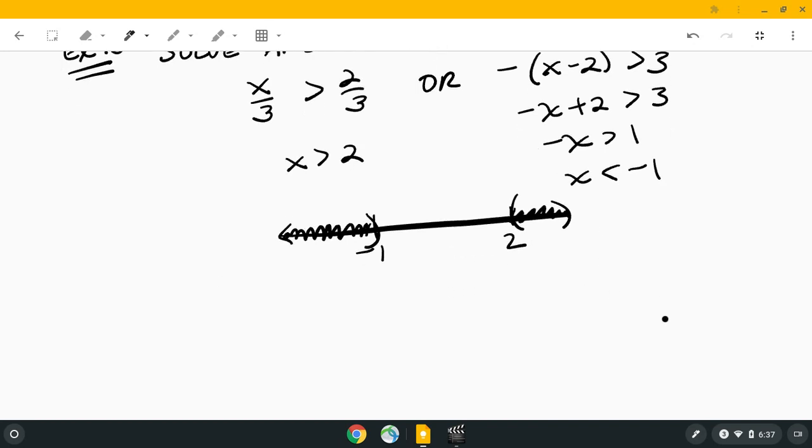So our solution is going to be, I'm going to represent this side first: unbounded on the left, bounded on the right with 1, parentheses. This one over here, bounded on the left with 2, unbounded on the right with positive infinity. And all you do is throw the union symbol in between them.